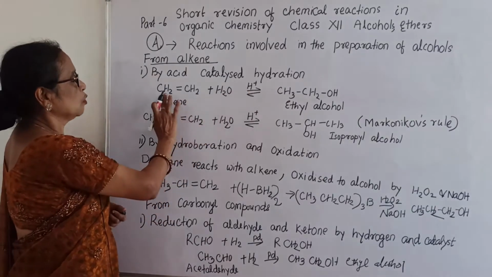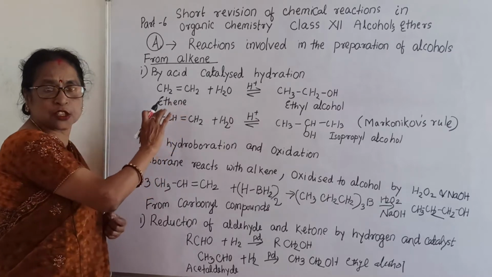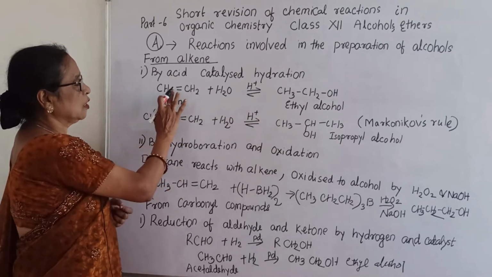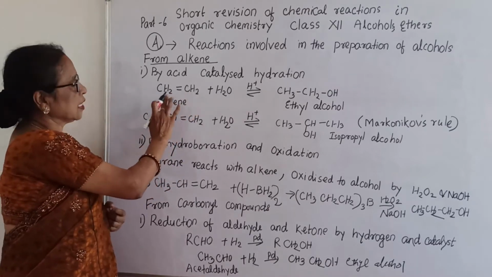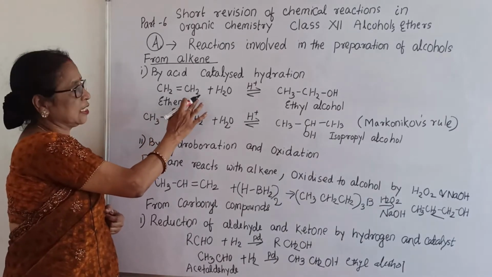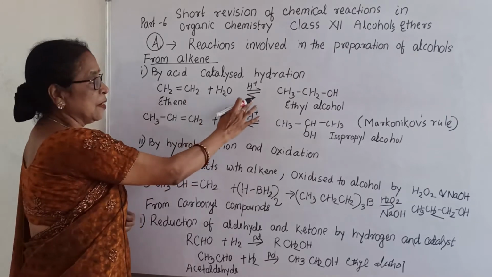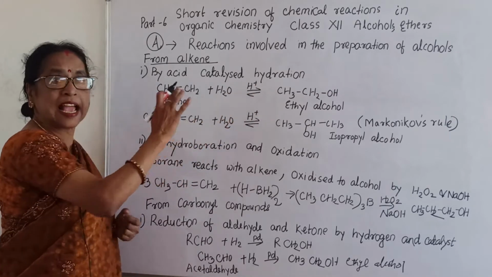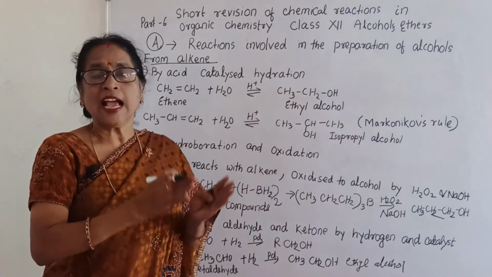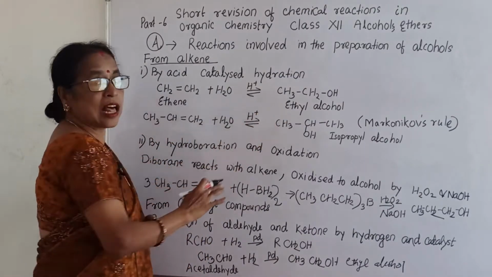That means H plus. So you take a symmetrical alkene, for example ethene. What is the structure of ethene? CH2 double bond CH2. On both sides you see one carbon and two hydrogen. Then water, in presence of acid as catalyst, and you will get alcohol.